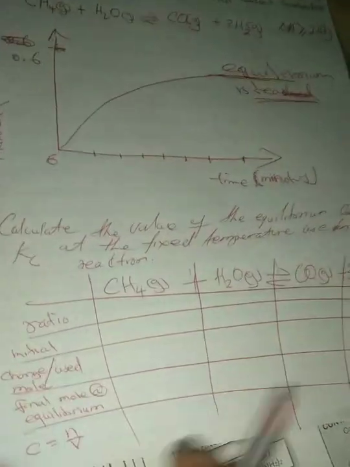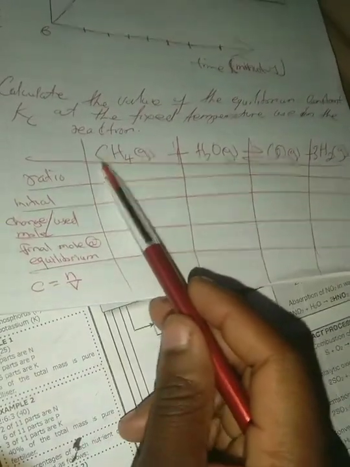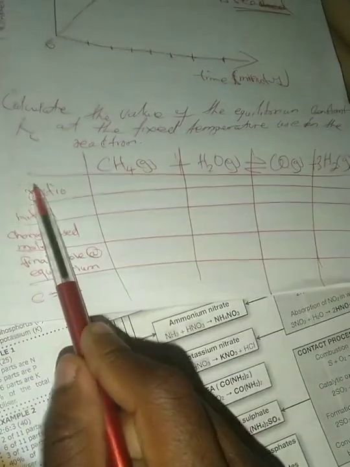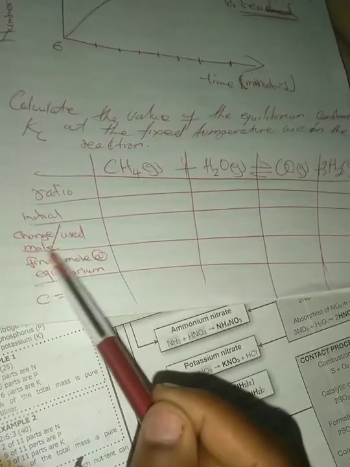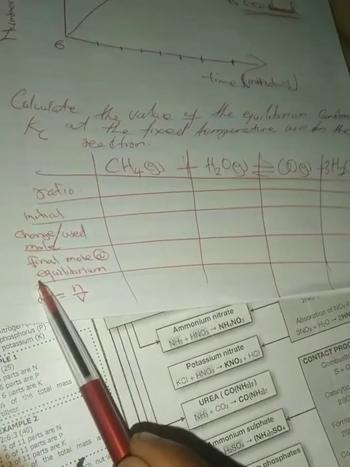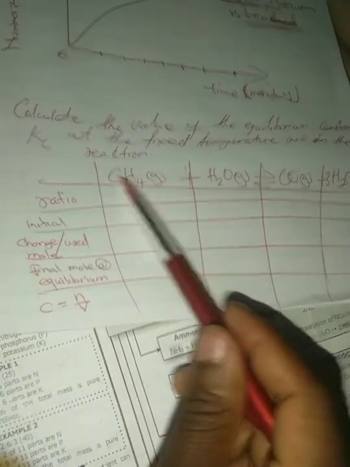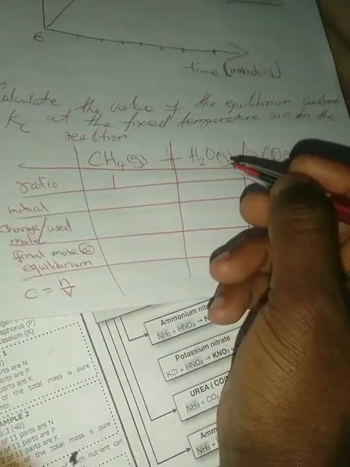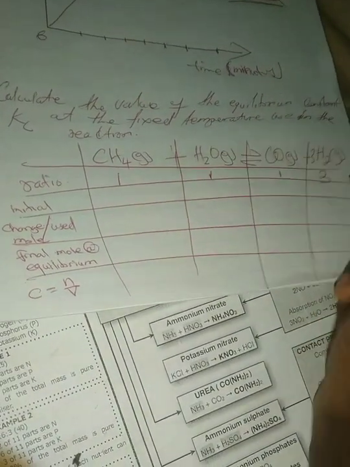Now, to do calculations for Kc, we draw the table. This is the table I already drew. You can see the ratio, initial mole, change or used mole, and final mole at equilibrium, and then the concentration. I wrote the equation like this. The ratio here is 1 to 1 to 1 to 3.